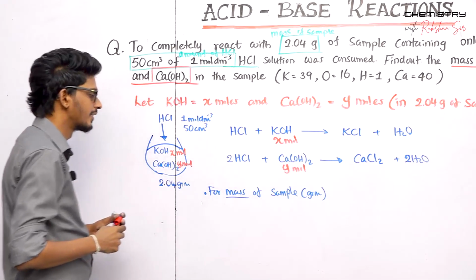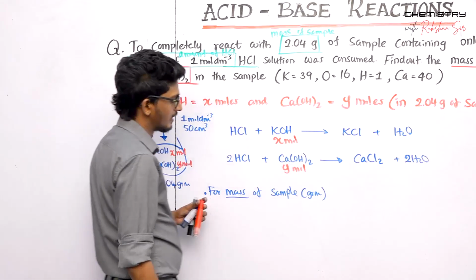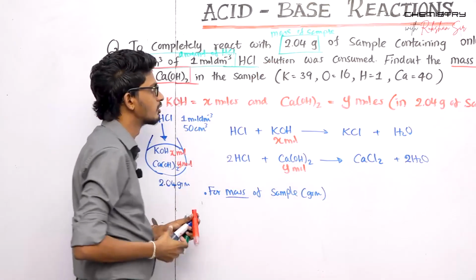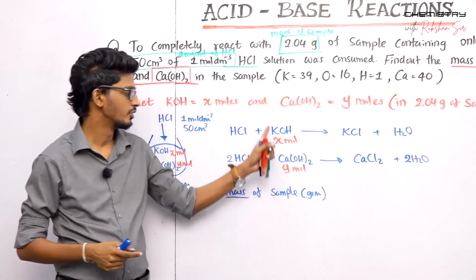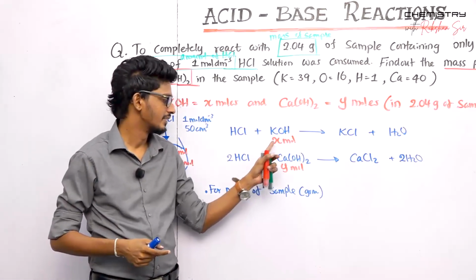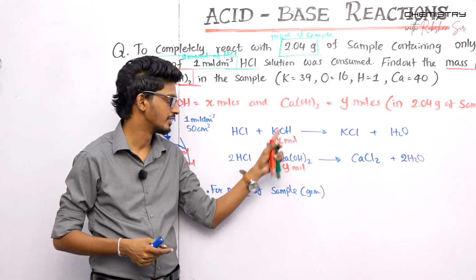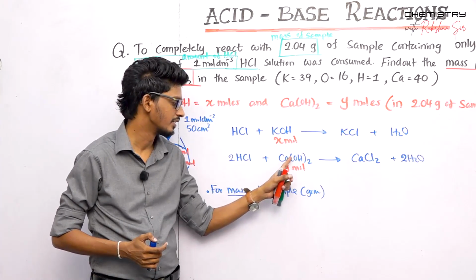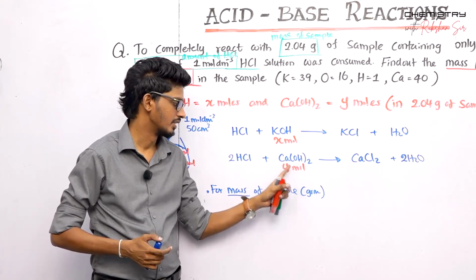So mass of sample means the mass of KOH plus the mass of calcium hydroxide, that is equal to this number 2.04. To come up with the mass of KOH, you relate these X moles with its g mol^-1 value. X moles times its g mol^-1 value will give you the mass of KOH. Y moles times this one's g mol^-1 value will give you the mass of calcium hydroxide in terms of Y.